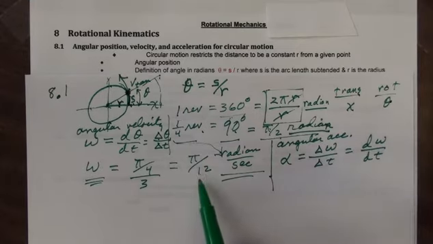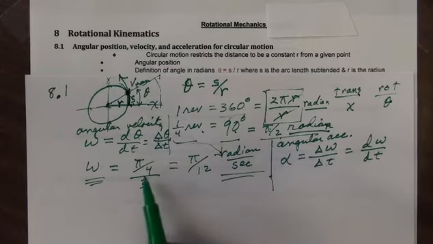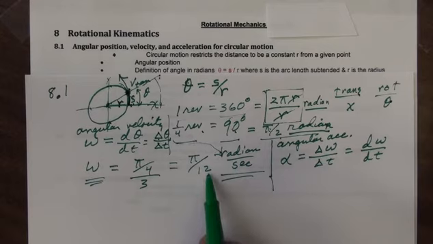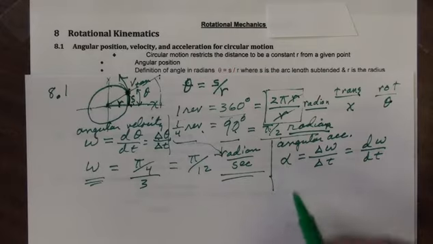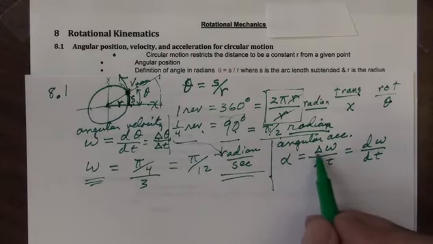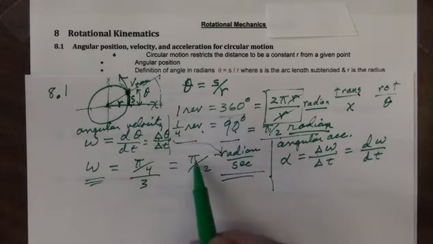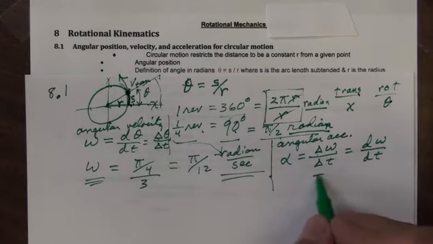Again, if we take this wheel, which is turning at, what did we say the angular velocity was? Pi over 12. And we stop it in 2 seconds, what would our angular acceleration be? Well, the change in omega would be from pi over 12 to 0. So we'd have pi over 12 minus 0.